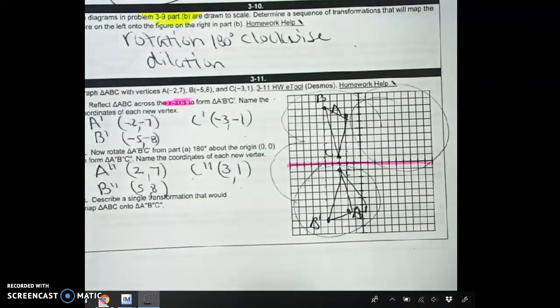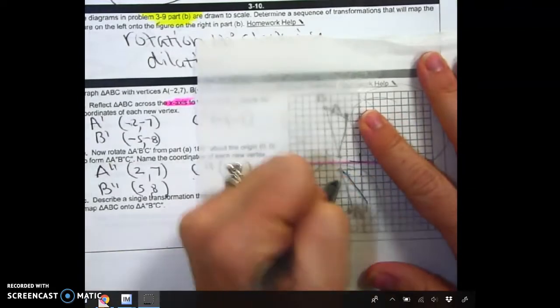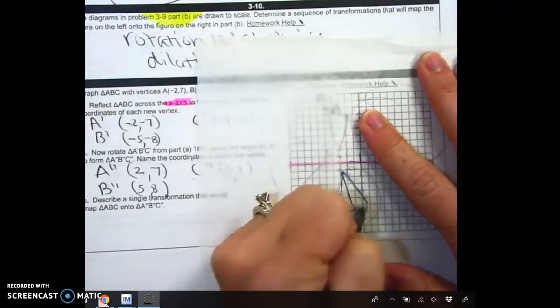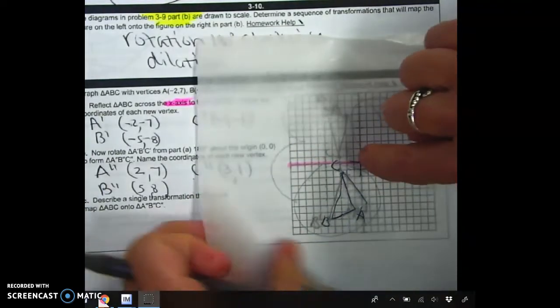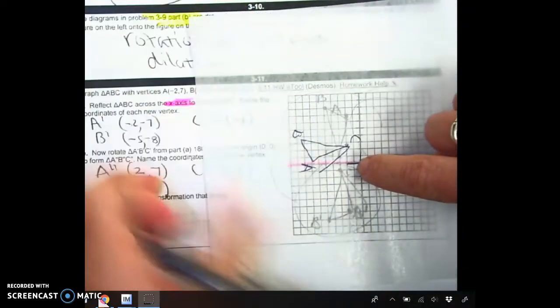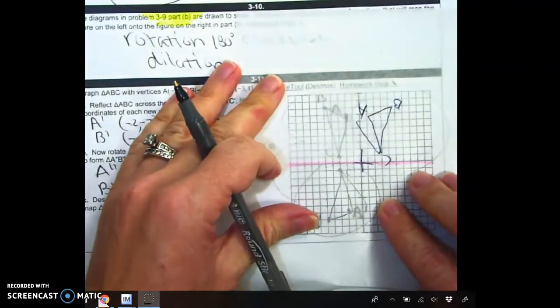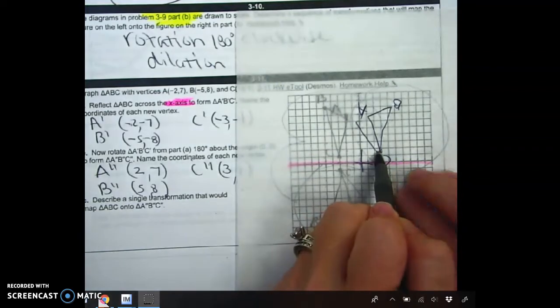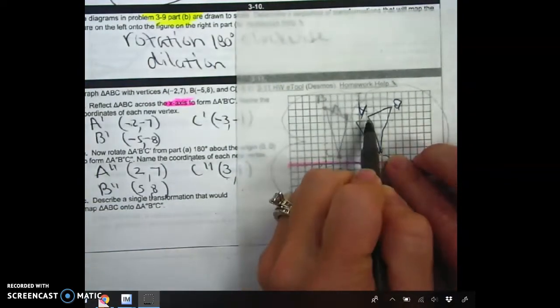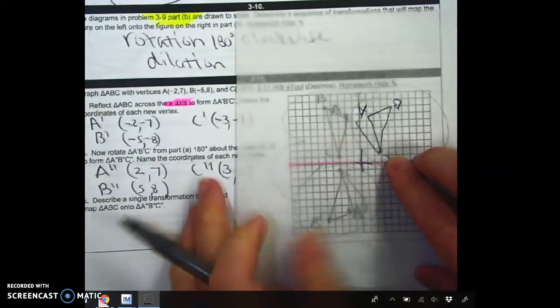If you don't believe me, I can graph it. A, B, C. Then I turn it, one turn, and then two turns. If you look, there it is: 3, 1, done. 5, 8, done. 2, 7, done.